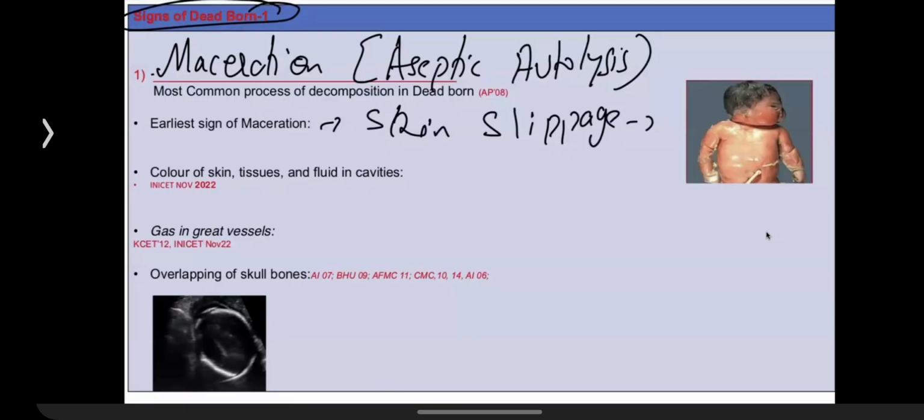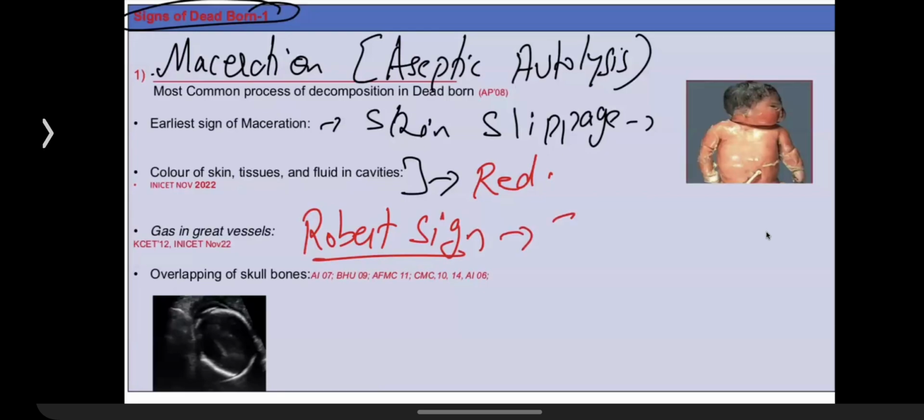The color of the skin, tissues, and fluid in cavities becomes reddish. You remember in putrefaction it was greenish. Gases are produced which can be seen in the great vessels. This is called Robert sign.